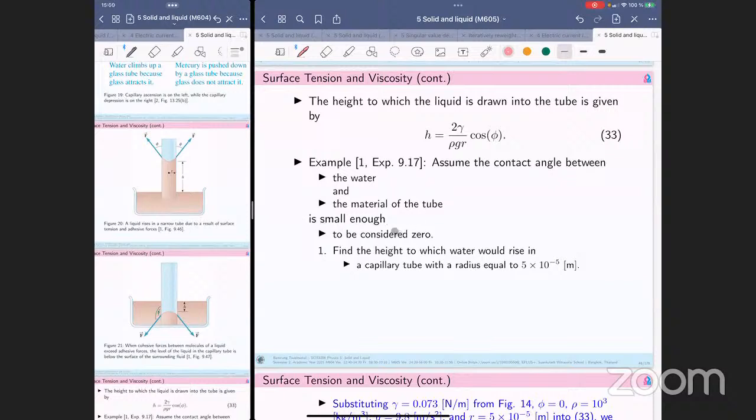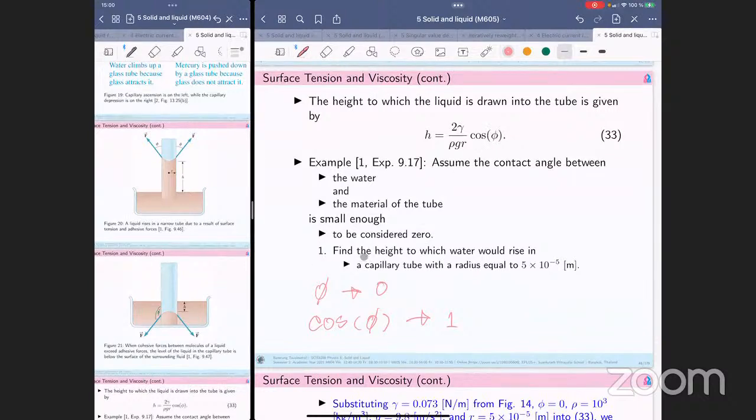They say it's small enough, so it means our angle phi tends to 0, and with this assumption, it means that cosine phi tends to what number? It should be close to number 1, right? Number 1, and yeah, this will be only a number 1 and has no effect at all, right?